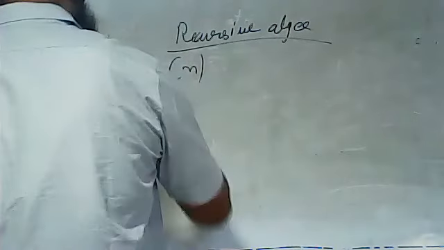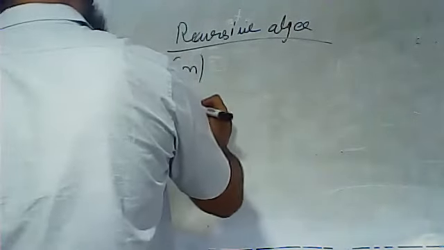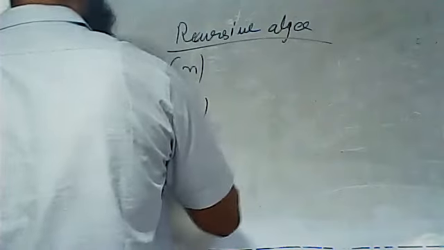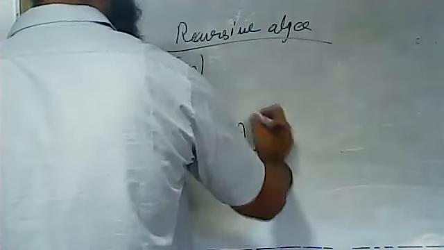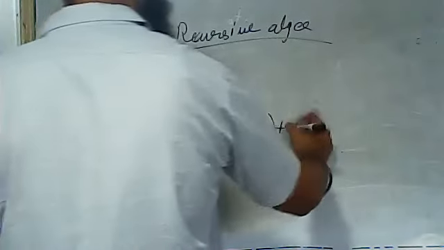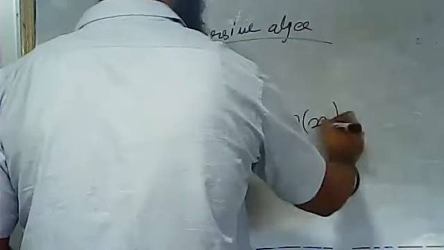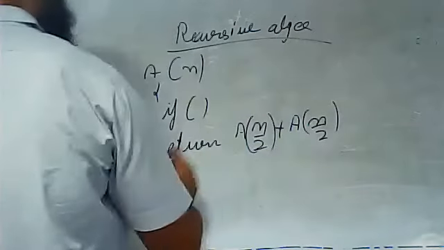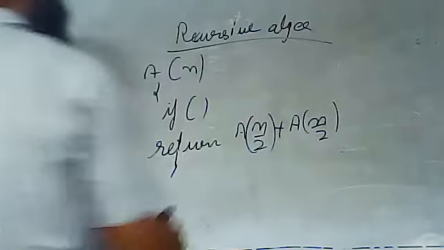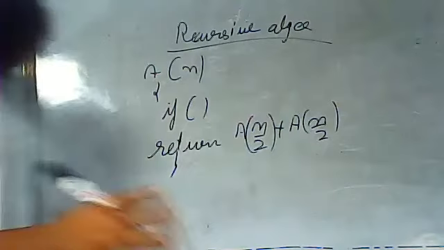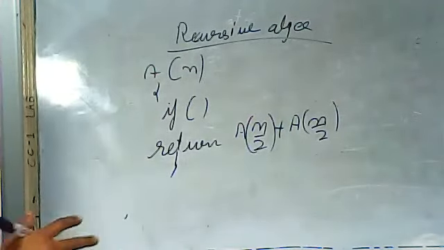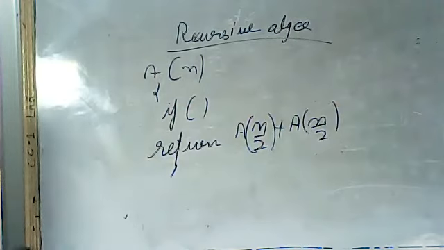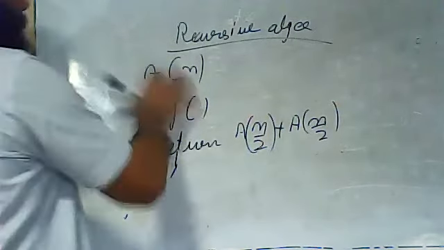Let's say this one is our function. So we can form a recursive equation out of this algorithm. How can we form a recursive equation? This is a general example.